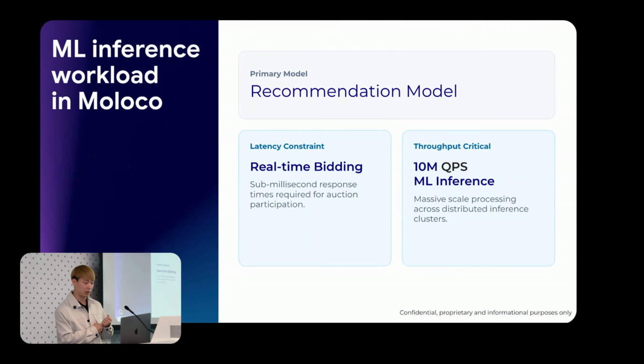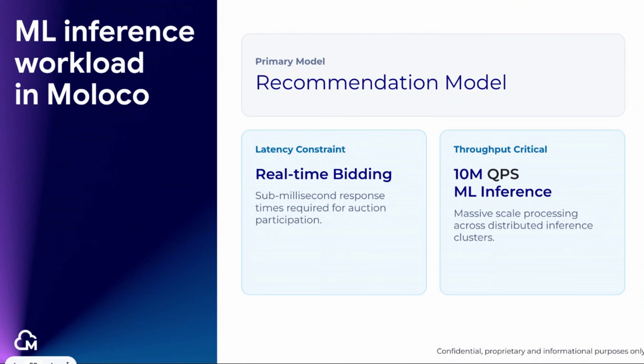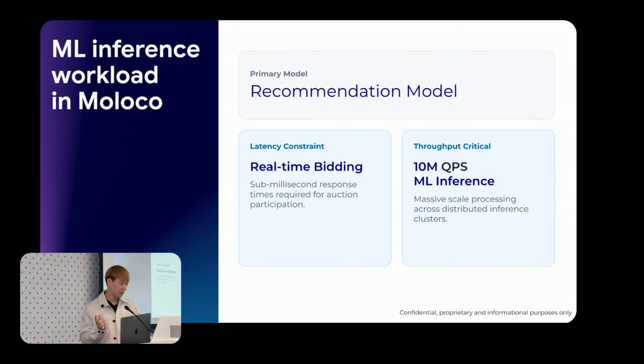That's one constraint. The other is throughput. We serve 10 million QPS of ML inference, so in a split second we serve 10 million requests. That means we need to be really thoughtful about throughput so that the cost efficiency of the serving is not impacted. So this is our main ML inference workload.